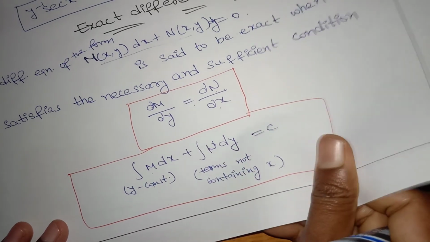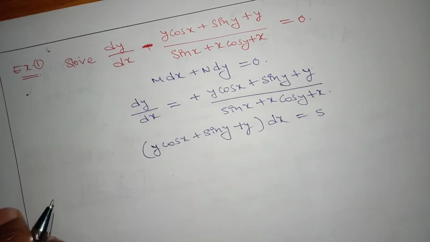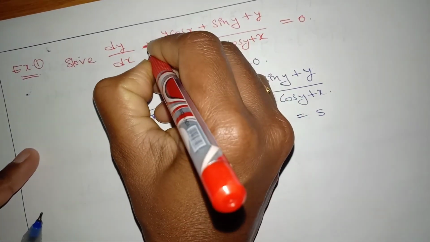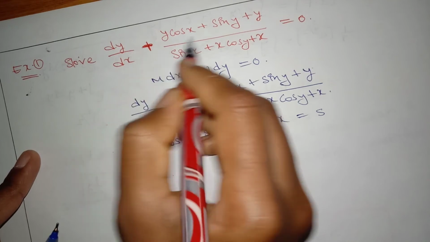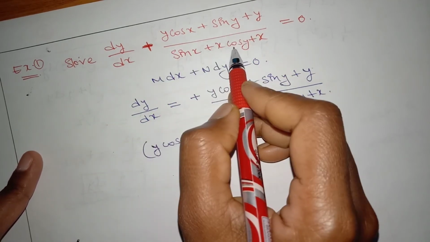Now we will solve a problem to understand. I am giving an example problem. Solve (y cos x plus sin y plus y) dx plus (sin x plus x cos y plus x) dy equals 0. Now rewrite this equation in the form M dx plus N dy equals 0. dy by dx equals minus (y cos x plus sin y plus y) by (sin x plus x cos y plus x).